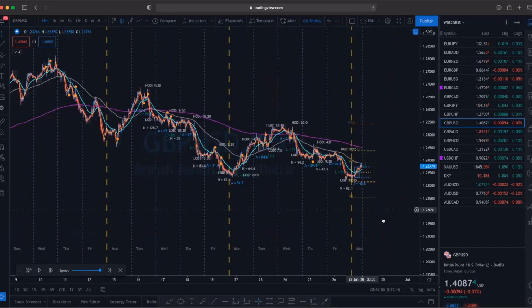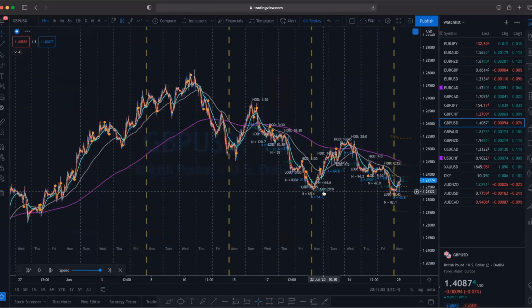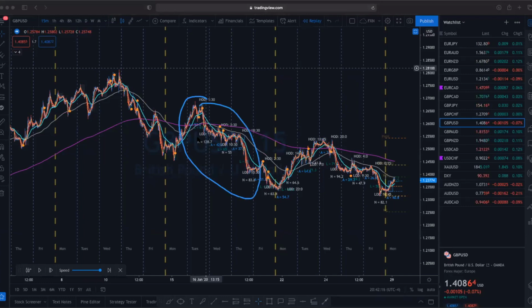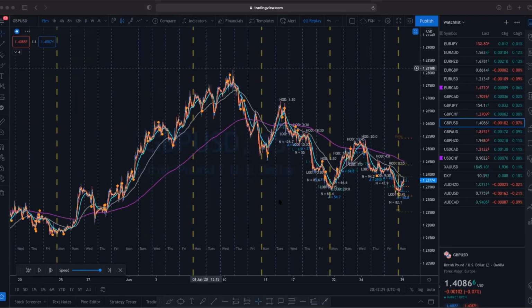Starting off, looks to be trending down. Definitely, right? This looks like you had a trending cycle week this week. You had a market maker cycle this week. This looks to be a market maker cycle here. But yeah, you're generally just trending down, right?